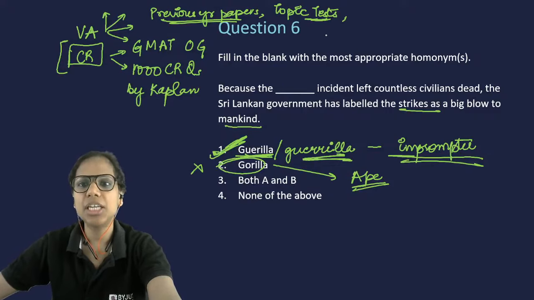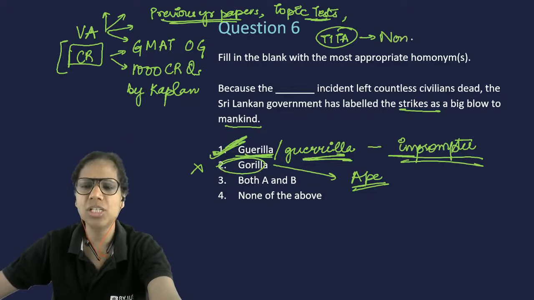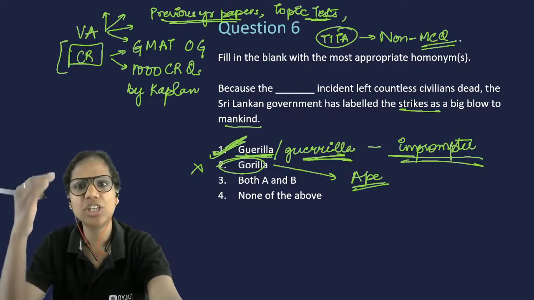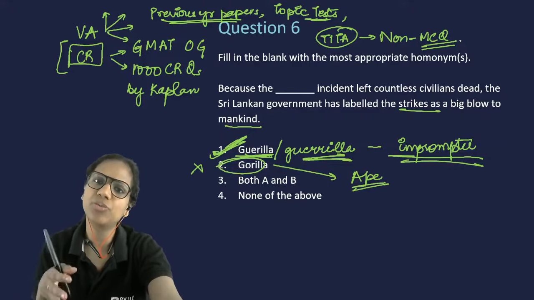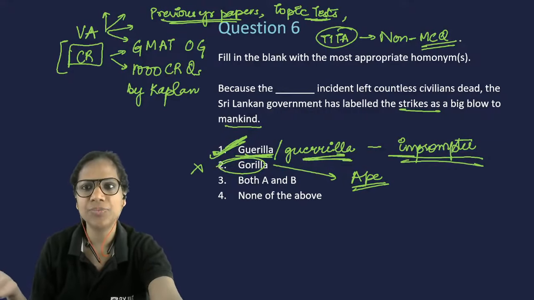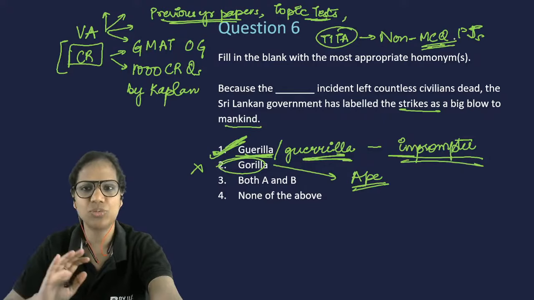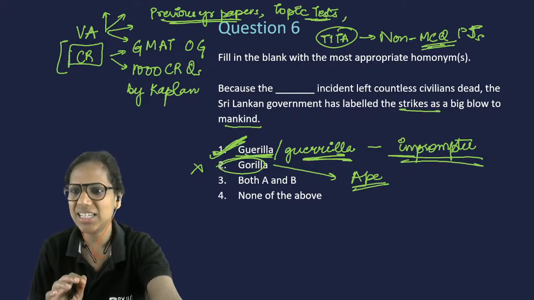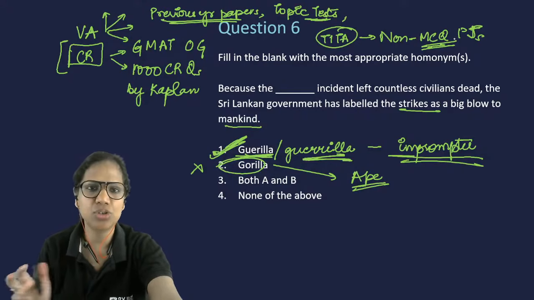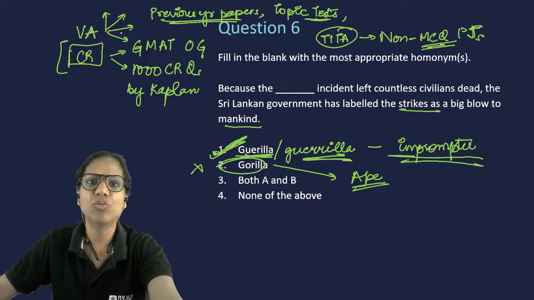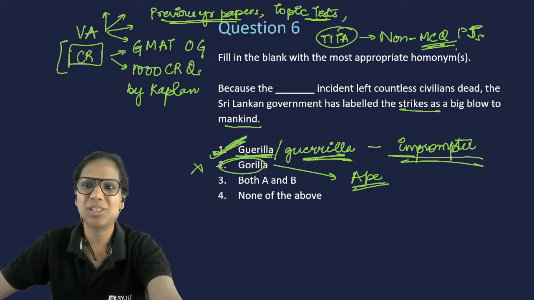So even if you want to practice type in the answer para-jumbles, non-MCQ para-jumbles, just pick up any para-jumble question, even if it has options. Don't see the options, solve it without options, and then check your answer, right? So you don't need a special source for type in the answer parajumble. All the existing sources, even those that have MCQ parajumbles, will serve your purpose. So I think these are your sources. For VA, you'll not find one dedicated source where you'll find the questions. You'll have to explore multiple sources.